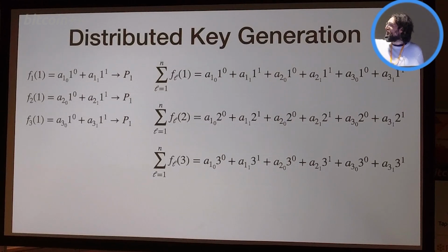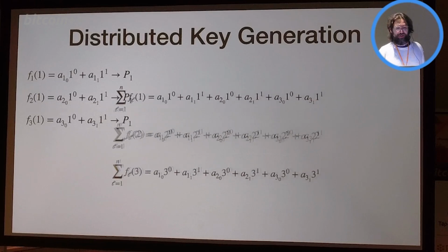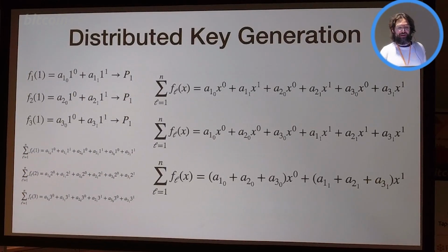And so we see for each participant, they're doing this summation. Each participant is taking the shares that they received and adding them together to get an aggregate share. And if we generalize this, we can see that the sum of the polynomial evaluations is equal to the evaluation of the sum of each participant's polynomial.